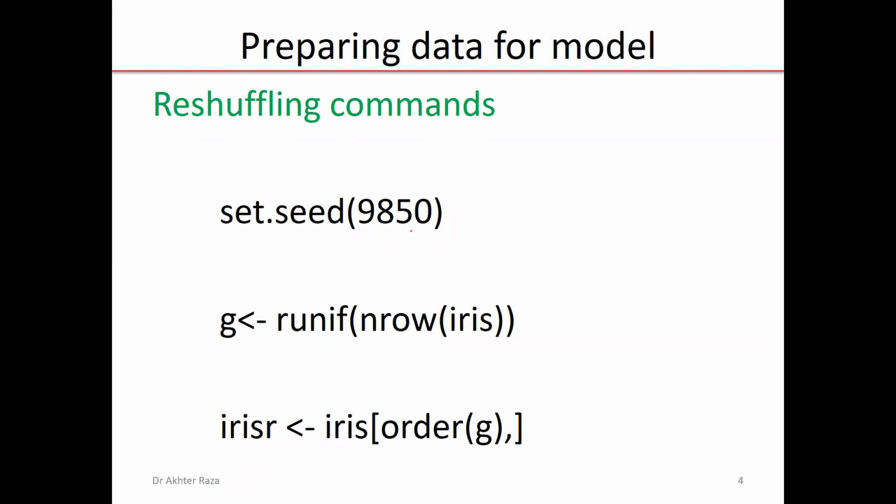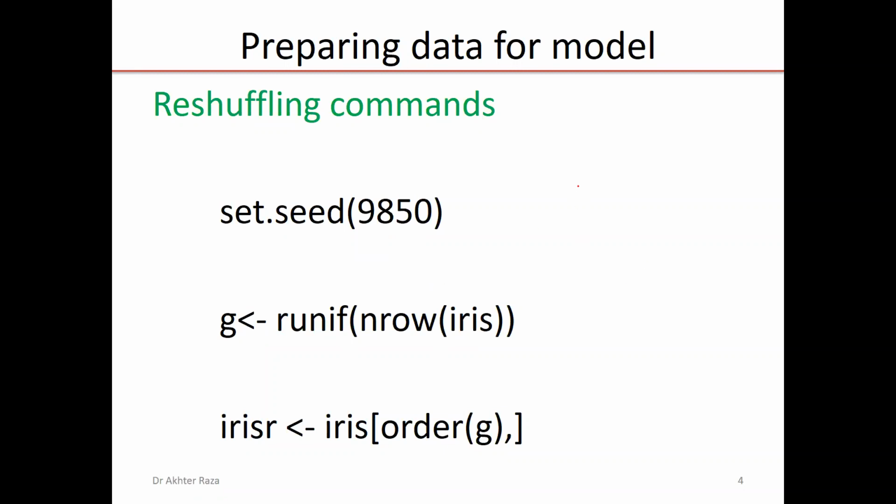The random number will be fixed by using it. Then we will draw the random numbers. How many random numbers do we need? As many as the number of rows in the iris data set, and runif.